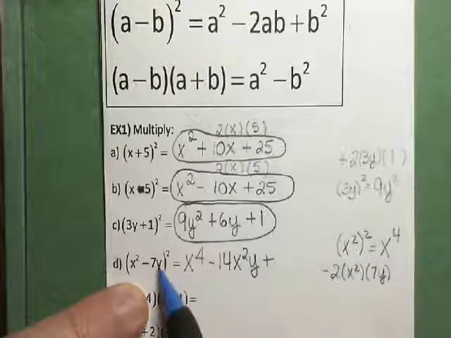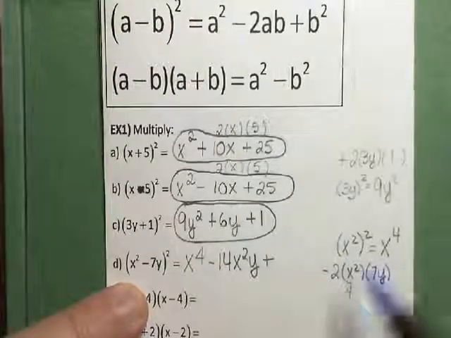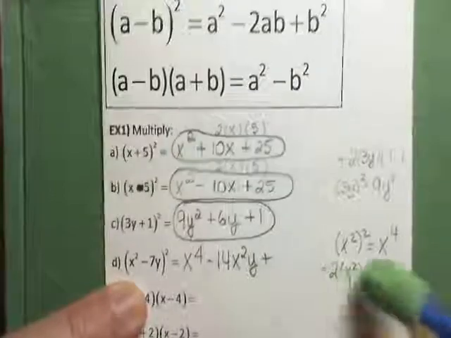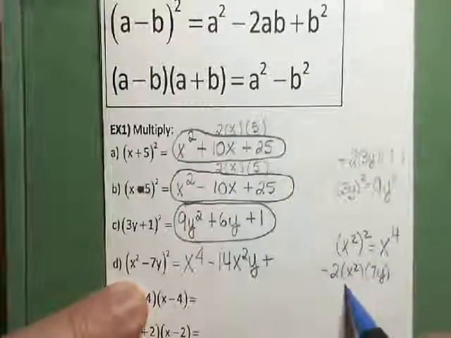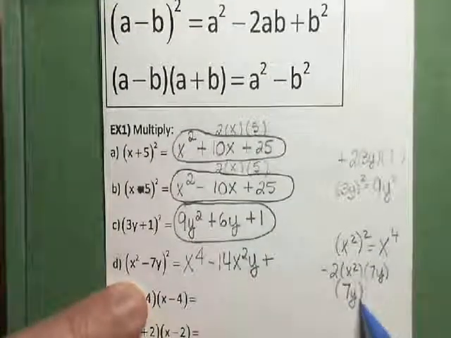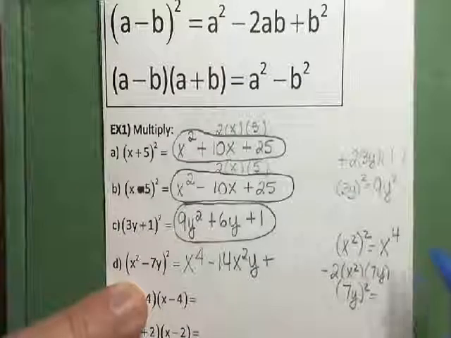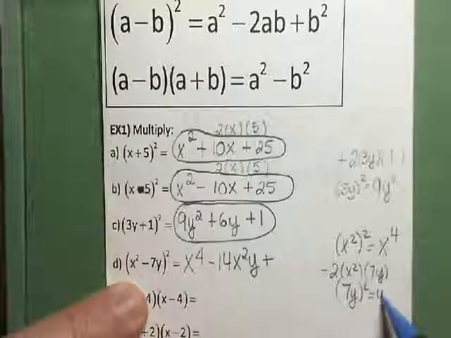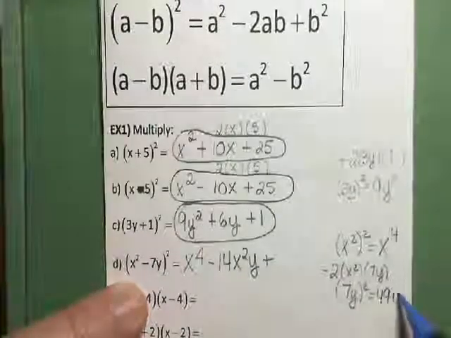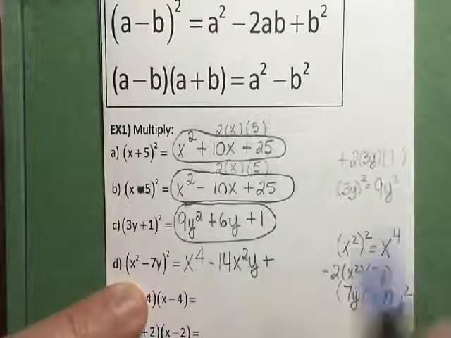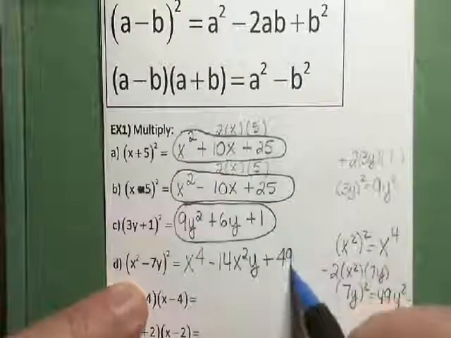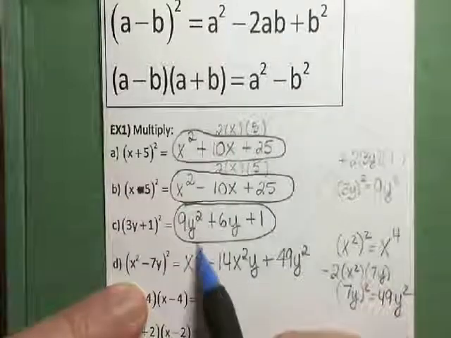So I'm going to take the second. If I take 7y, a little scratch paper here, 7y and raise to the square. 7 squared is 49 and y squared is y squared. So this would be 49 y squared, and that's my answer.